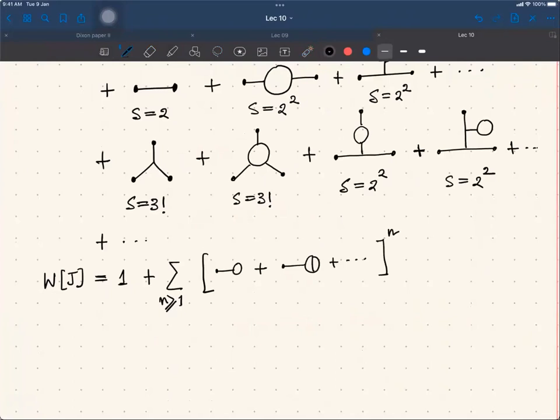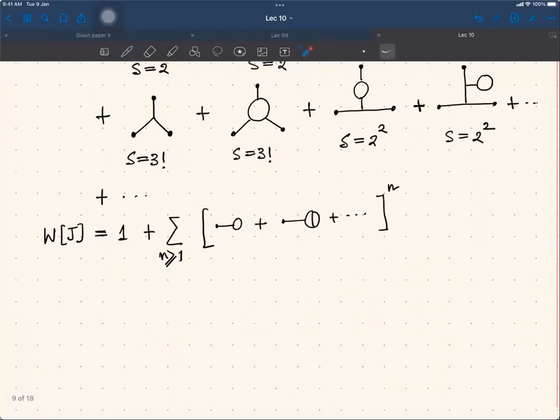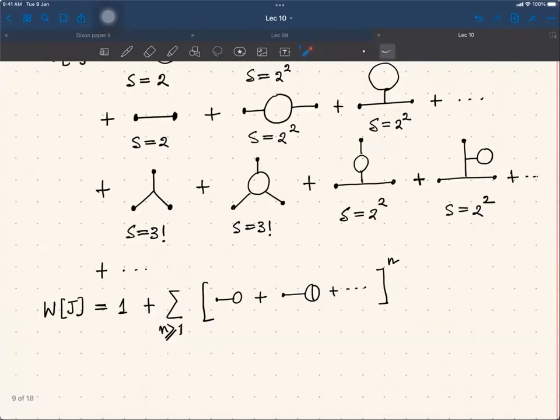That 1 over factorial n is actually a symmetry factor, and I'm taking the convention that the diagram includes all the symmetry factors in it, just like this diagram has its symmetry factor within itself. So I'm not writing 1 over factorial 3 outside. The Feynman rules say that you have to multiply by 1 over the symmetry factor, so I'm not writing 1 over S.